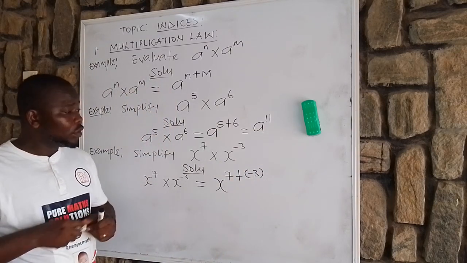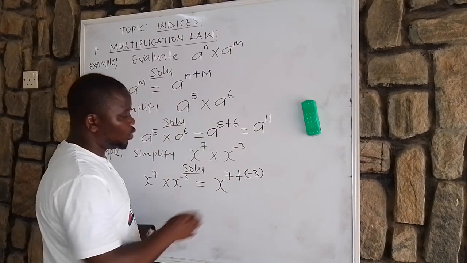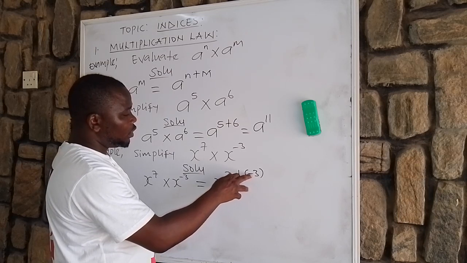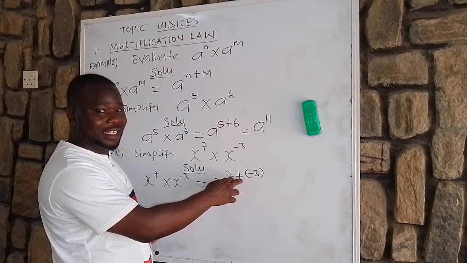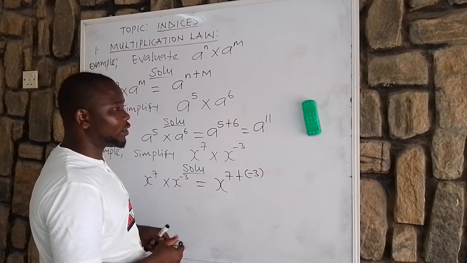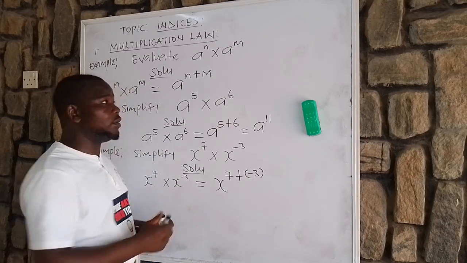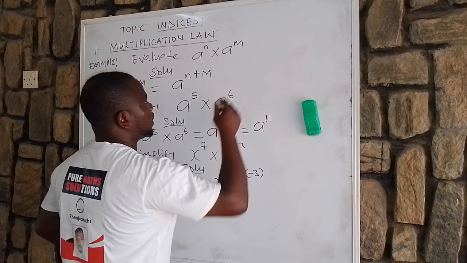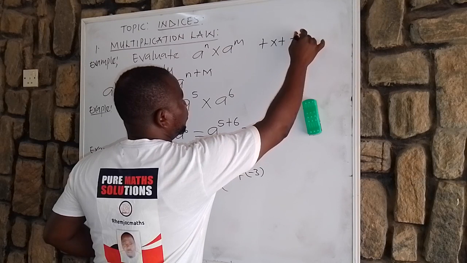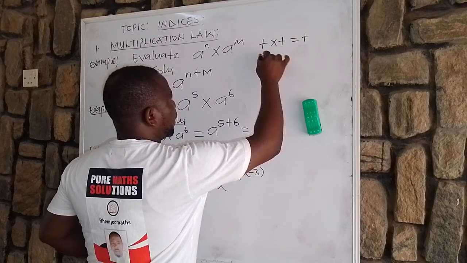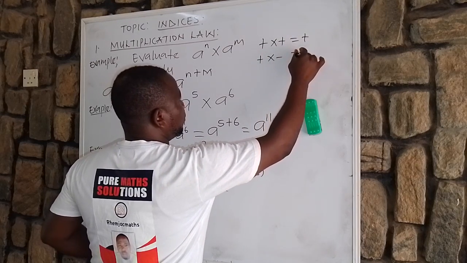Are you following? So now what you need to do is this minus times this. So plus times minus is going to give you what? Minus. I want you to take note of this. Plus times plus will always give you plus. Plus times minus will always give you minus.